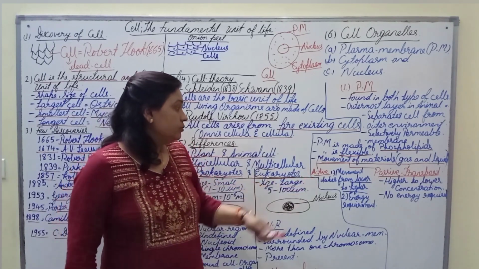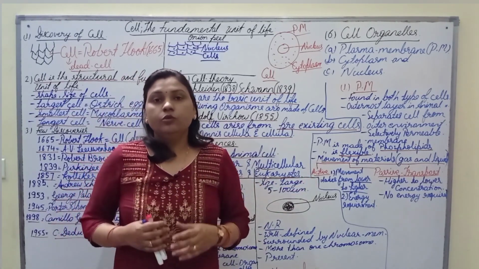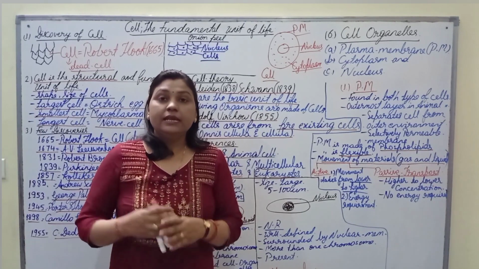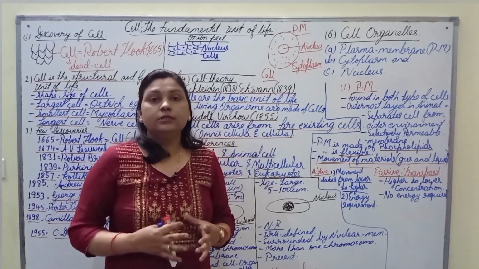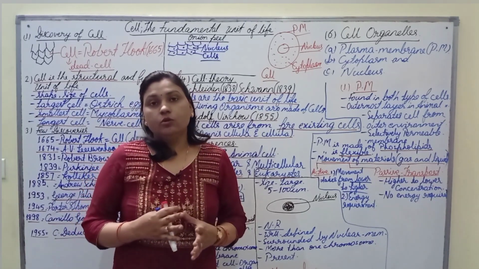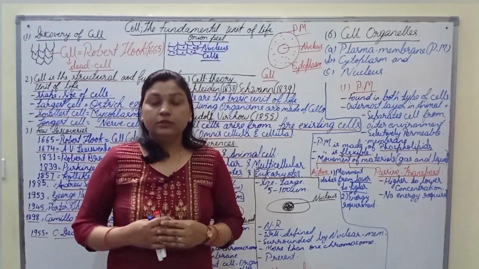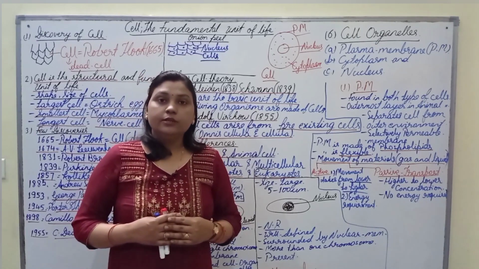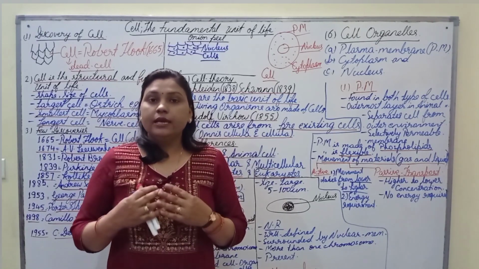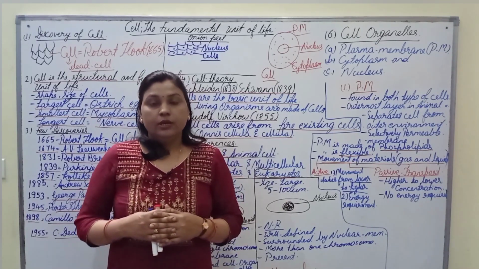Active transport can be of two types, endocytosis and exocytosis. Endocytosis is the process of engulfing food materials by the organisms. This can be of three types: phagocytosis, pinocytosis and receptor mediated endocytosis.